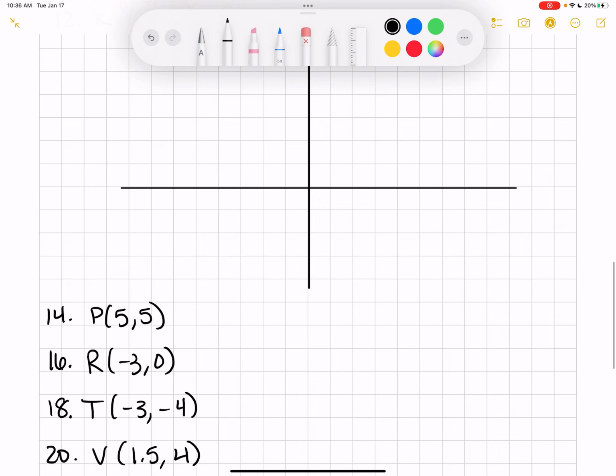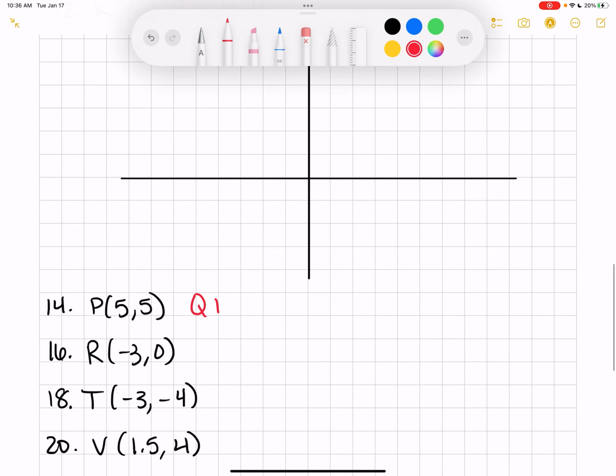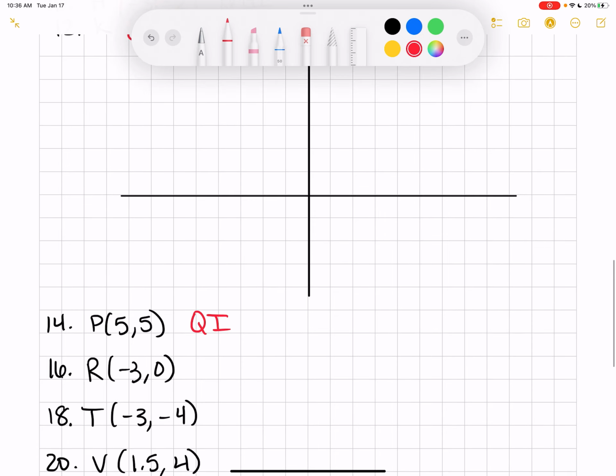So let's answer which quadrant each point is going to be in, and then we'll put it on the graph where it goes. So where would the point 5, 5 be? Which quadrant? Quadrant 1. Yep, quadrant 1. So I'm going to put quadrant 1 here. And then where would I draw the point?